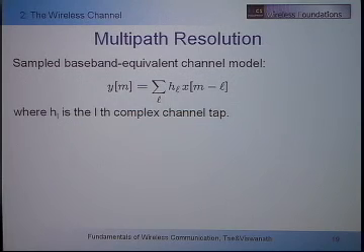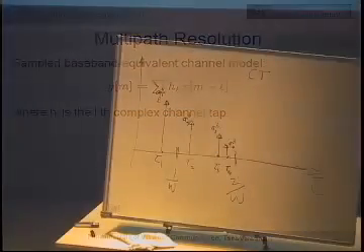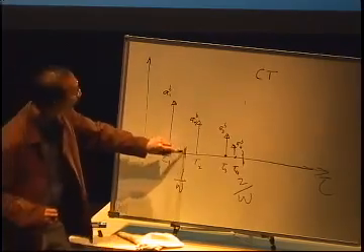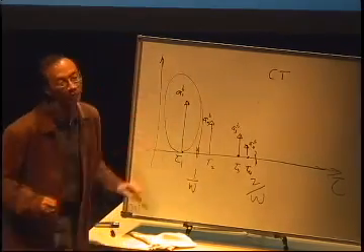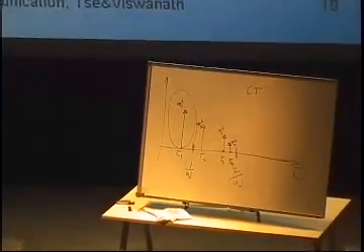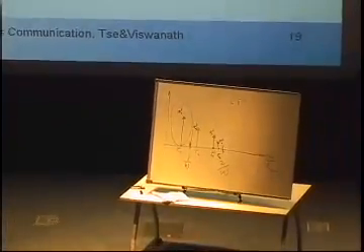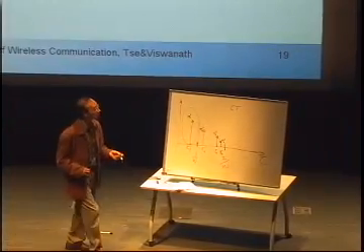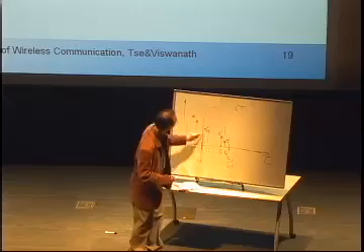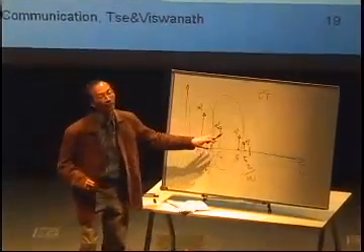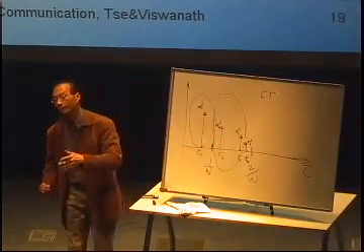Now, the channel bandwidth is limited, which means that essentially all the paths that arrive at time between 0 and 1 over W are lumped into one number, which is my tap gain h sub 1. And then another bunch of paths is lumped into another number, which is the second delay. Okay?